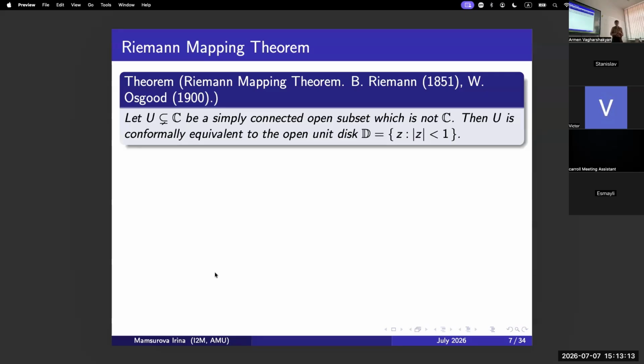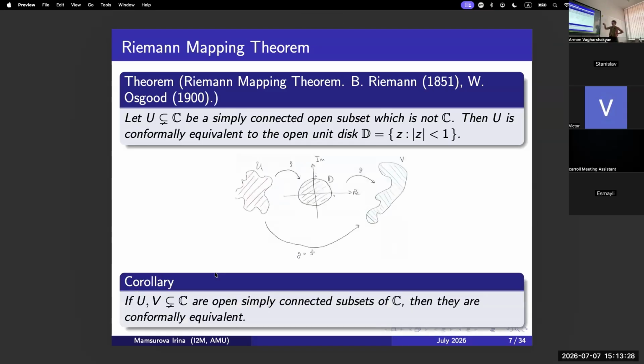I guess that Riemann proved this theorem in the case where the domain is bounded by a Jordan curve, and then it was generalized, there was a whole industry around it. In particular, it tells us that two simply connected subsets, which are not the complex plane, are always conformally equivalent to one another, because they are both equivalent to the unit disk.